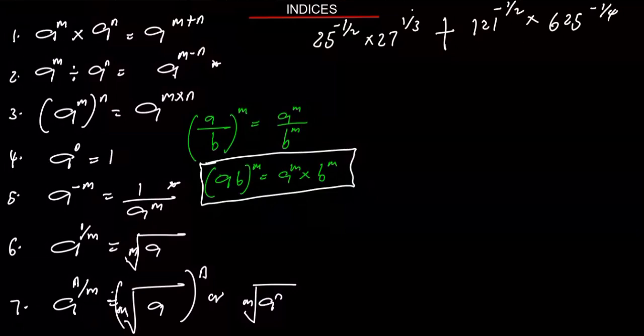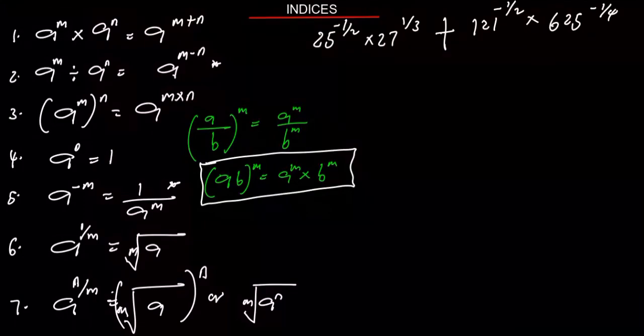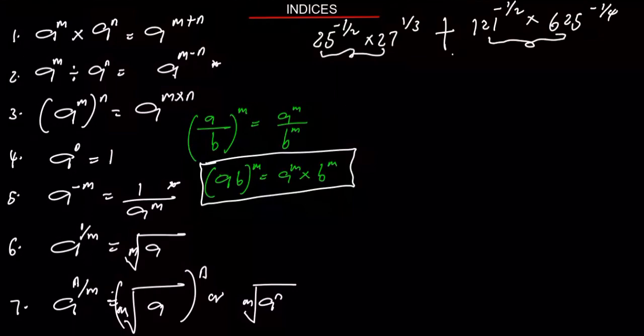So what do we do here? What you are going to do here is that, observe, you have multiplication and you have addition. According to BODMAS, you have to finish this multiplication, then you add your result together.